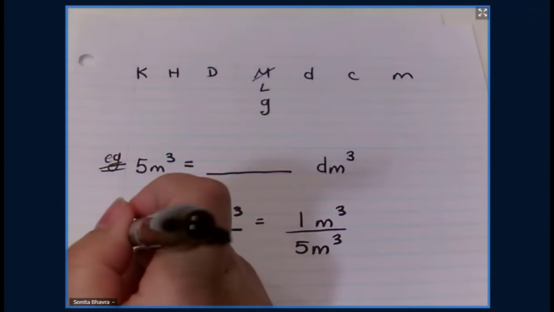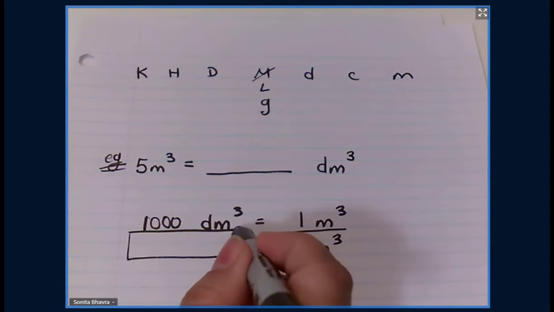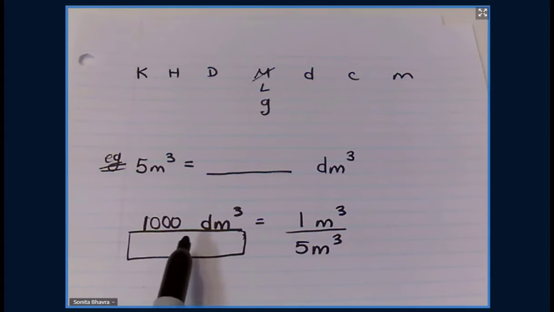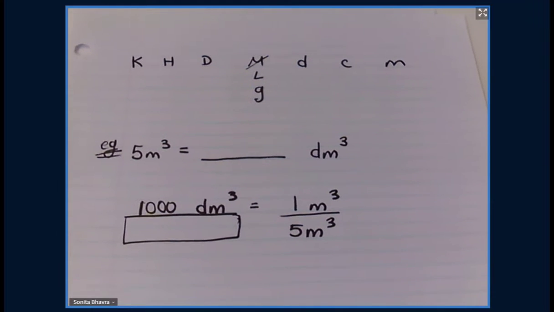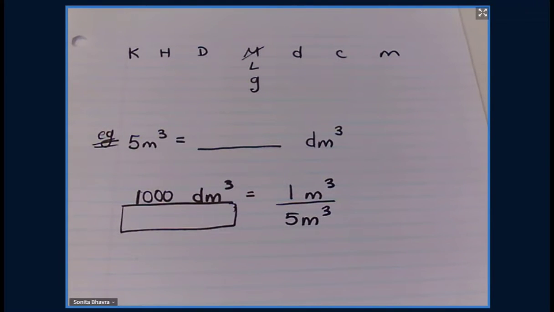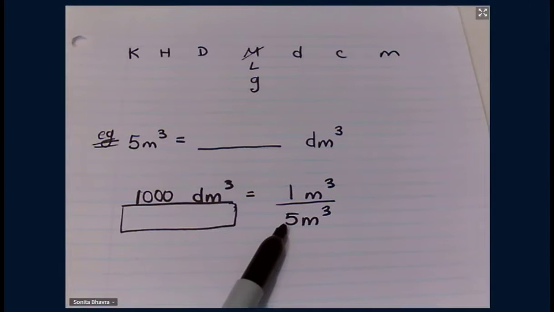All right, so now when solving, this is what we're solving for, right here. You can just use cross multiplication to solve for this, or you can use equivalent fractions as well. I'm just using cross multiplication where you multiply the 2 that are diagonal from each other.